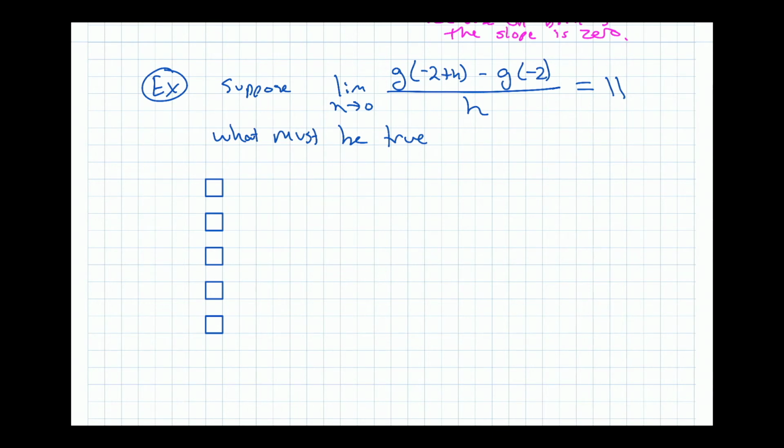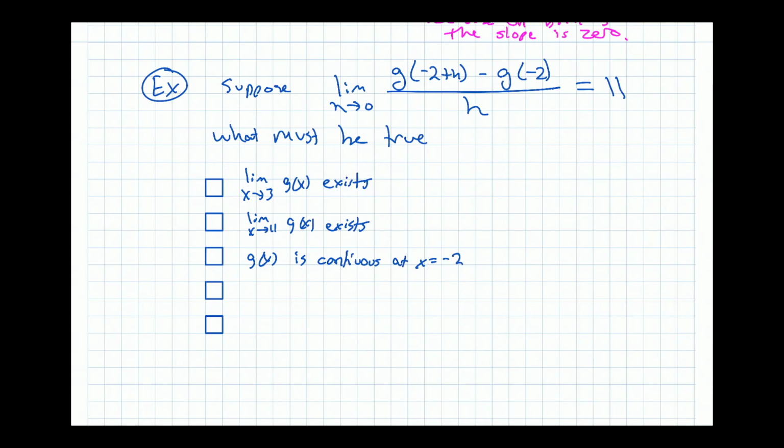And so they say the 5 things are: limit as x goes to 3 of g of x exists. Then they say limit as x goes to 11 of g of x exists. And then they say g of x is continuous at x equals -2.